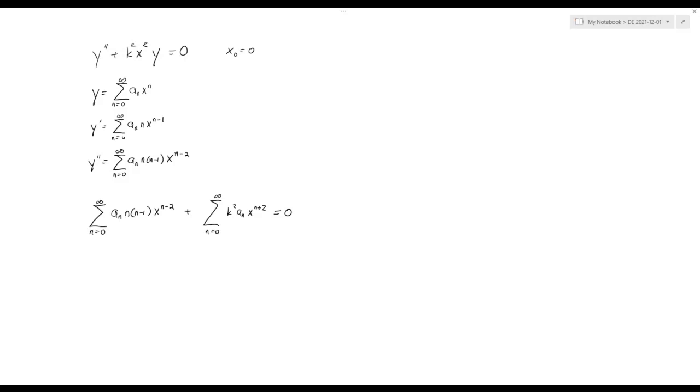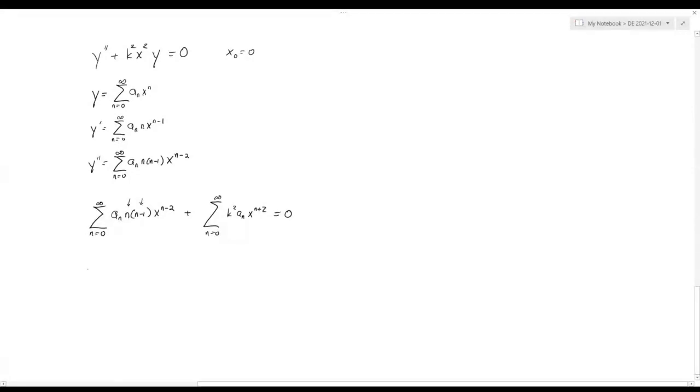So the powers of x should be alike. So notice that when n is 0, that's 0. When n is 1, that's 0. The first two terms are 0 anyway. You might as well start the summation at n equals 2.